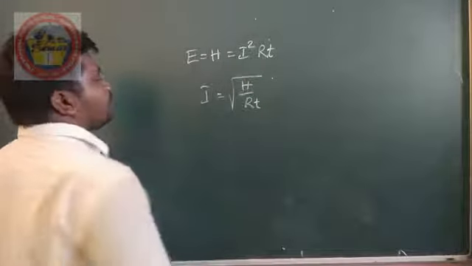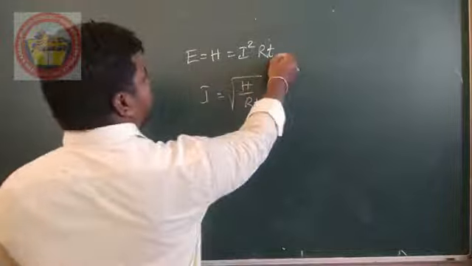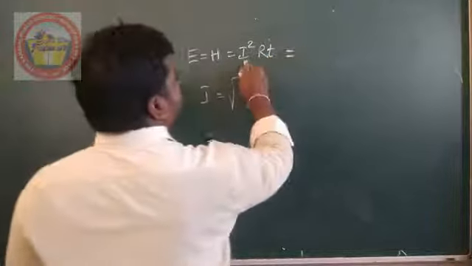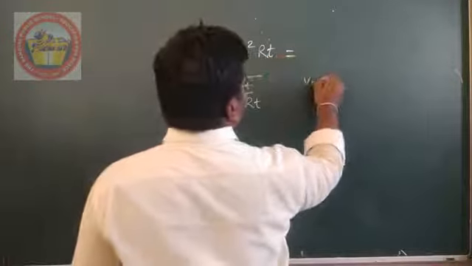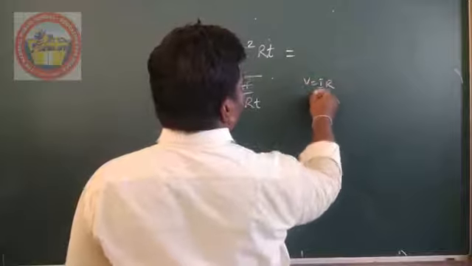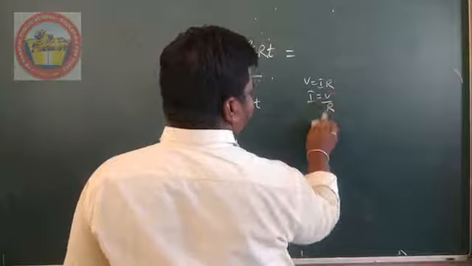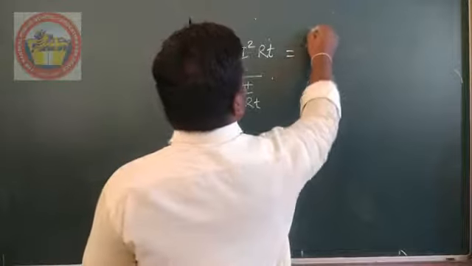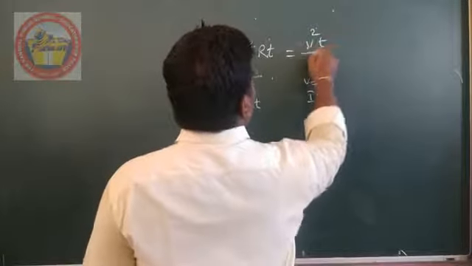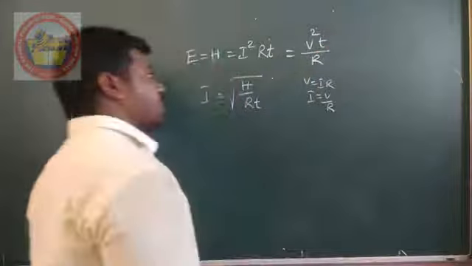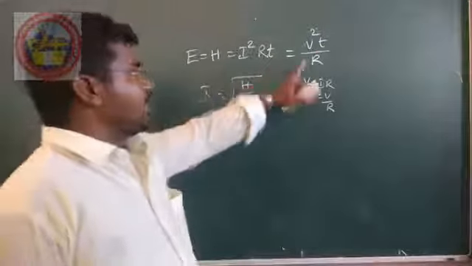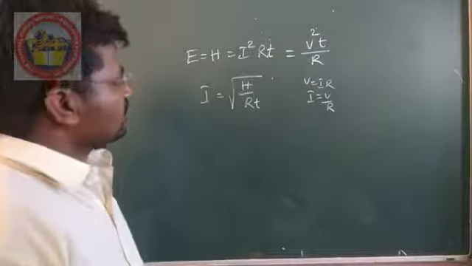Next, if we use V is equal to IR or I is equal to V by R, we can get the expression V square T by R.